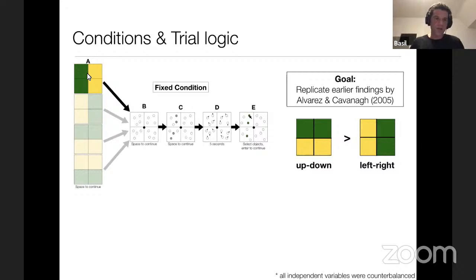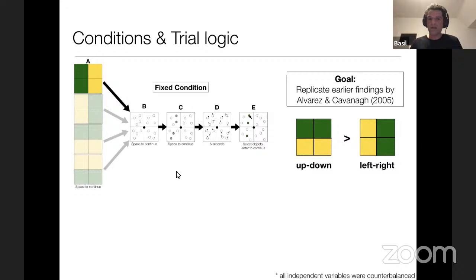What you see here, for instance, is that the two left quadrants are colored in green and the two right quadrants are colored in yellow. So here we predetermine the labor division strategy by saying you should now use a left-right labor division strategy. But we also had an up-down labor division strategy, and had them perform it in separate trials.